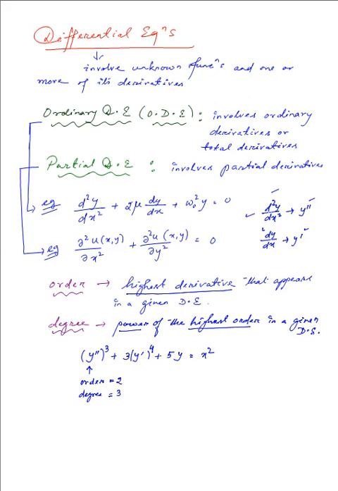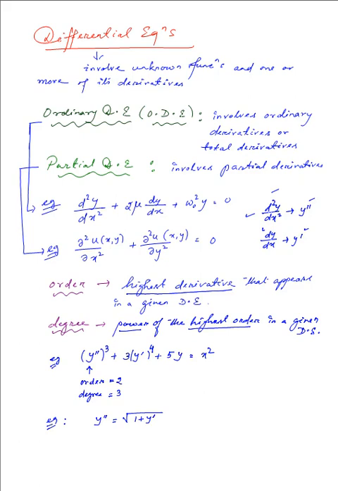Now if we were to consider just another example for our convenience, let's say we have y double primed equal to square root of 1 plus y primed. Now in this case, we square both sides so that we make the equation free from fractional index.